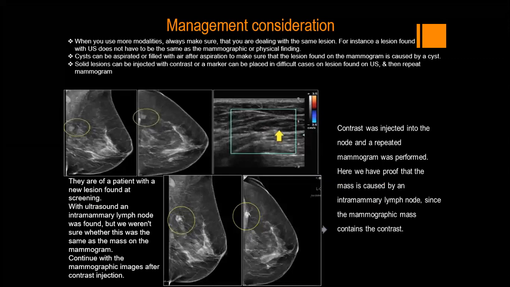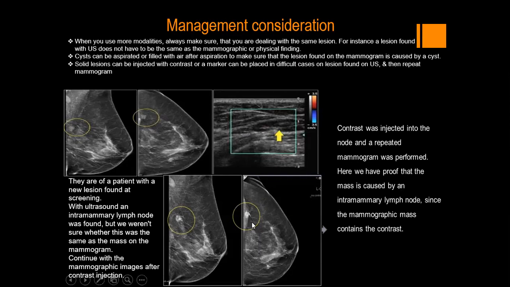Also, in management recommendations, we have to make sure the lesions seen in different modalities are the same lesion. Like in this case, the screening mammography demonstrates a nodule or a focal asymmetry seen on ultrasound as a lymph node. To make sure that this lymph node corresponds to the mammographic findings, we have to take an action.